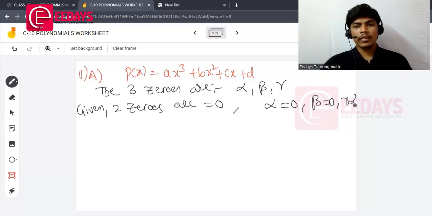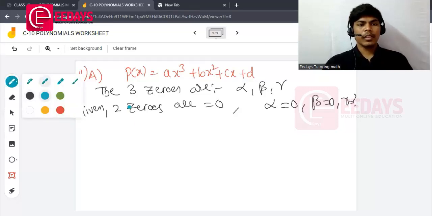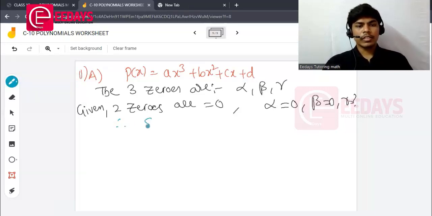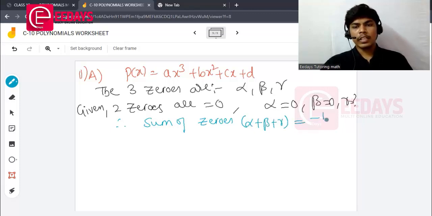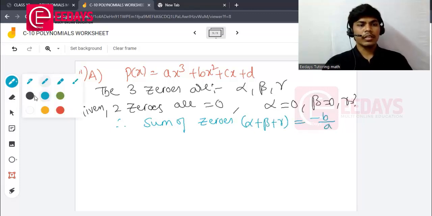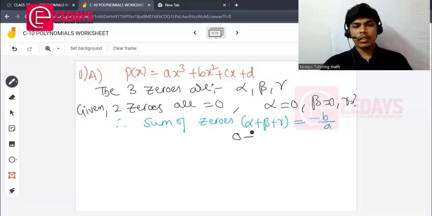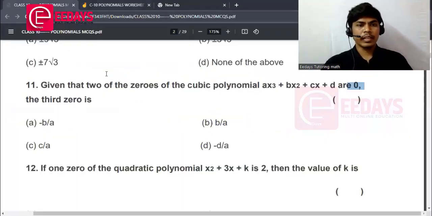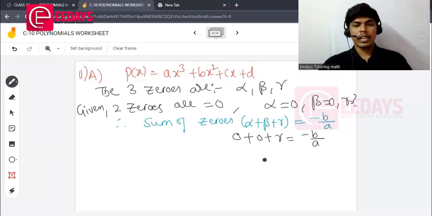We don't know gamma, so let's find out gamma. We know that the sum of zeros, alpha plus beta plus gamma, is equal to minus b by a. Here alpha is 0, beta is 0, and gamma we don't know. So finally 0 plus gamma is equal to minus b by a.